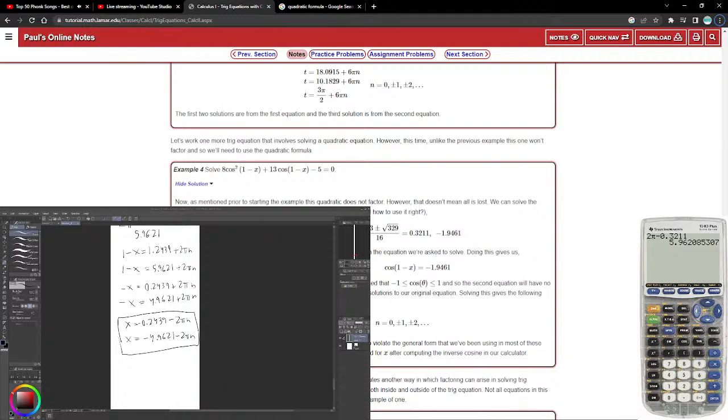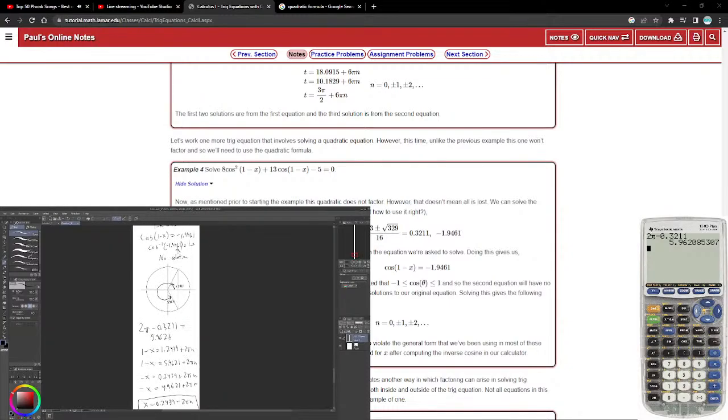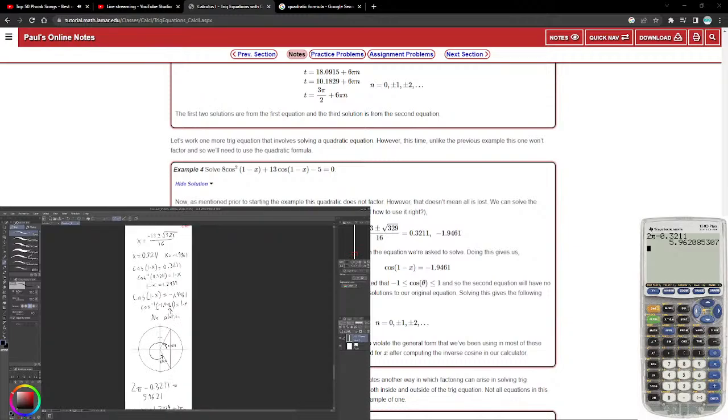Anyway, so we use this quadratic formula, gets us two answers. So if we can use the quadratic formula on this, then we can also use it on the equation that we're asked to solve. Doing this gives us cos(1 minus x) equals 0.3211. Oh, he turns it into a negative to start with. Or wait, what did he do?